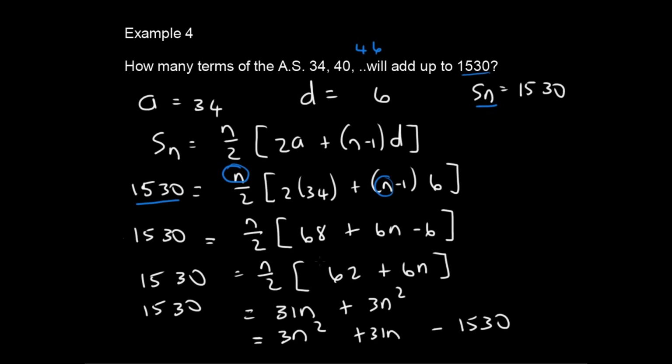Now, if we multiply n by that, and also by that, what that gives us is 31n plus 3n squared. And what we do is we simplify. We have 3n squared plus 31n. Let's take that over and it becomes negative 1,530.